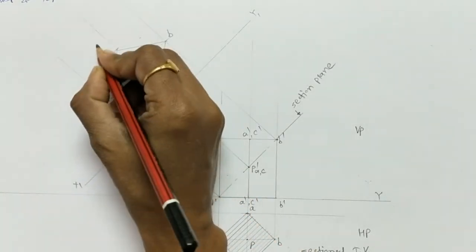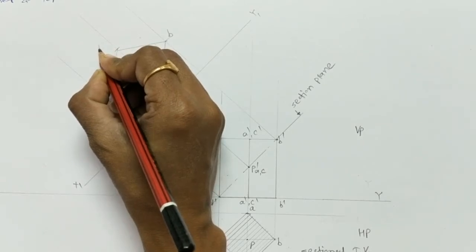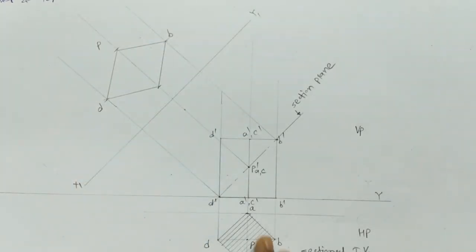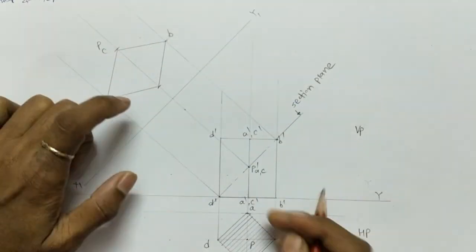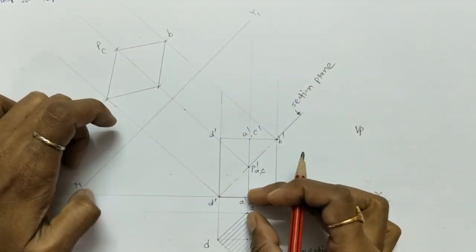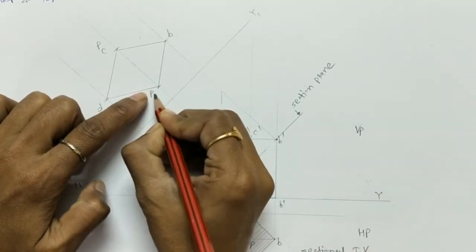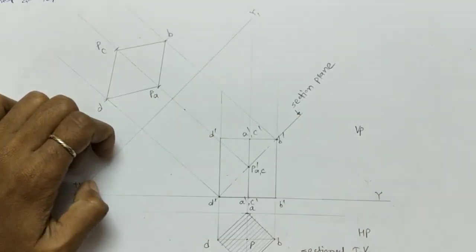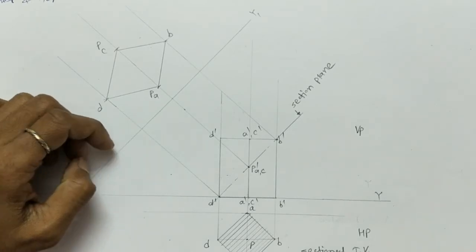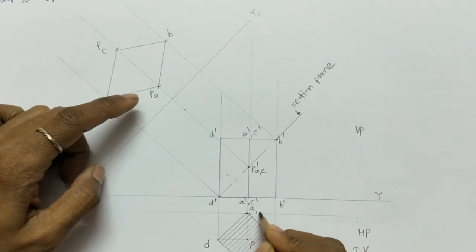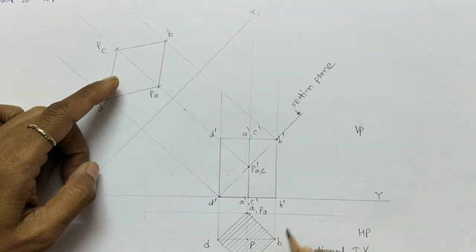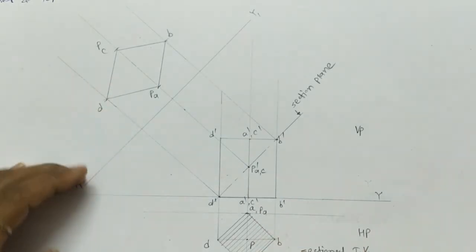A point this, so PA, this is point PC and PA is this point, A point, so this is point PA. You can give same name here as this is point A and PA, C and PC.